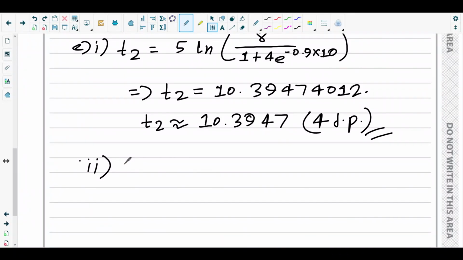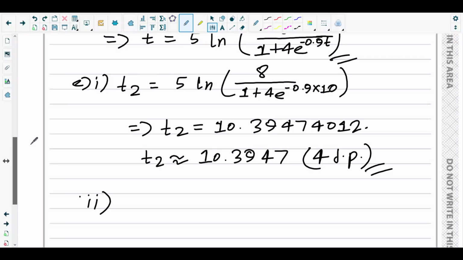And then take the iteration equation in your calculator: 5 ln of 8 over 1 plus 4 e^(-0.9 times ...). In place of t of n, you will put Ans, so that we can use it for the repeated method. Now press equal. You will get the value for t2. T2 is 10.3947, that's exactly what we got in part E1.